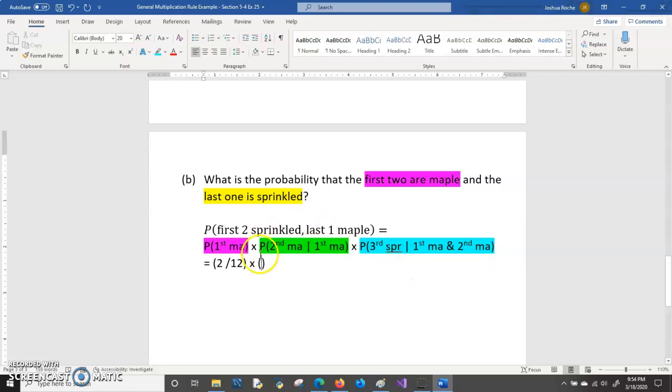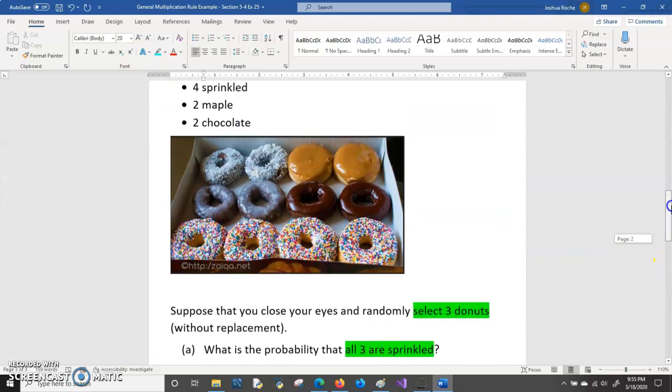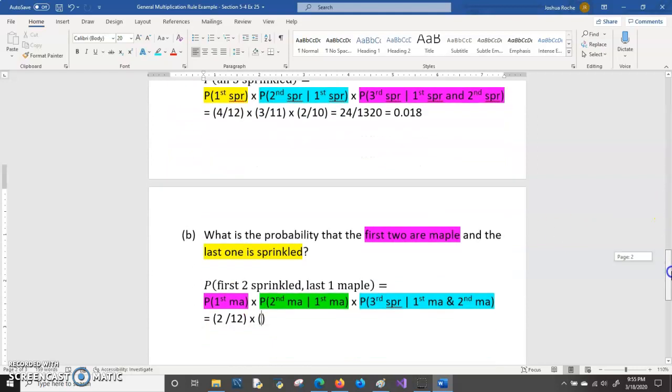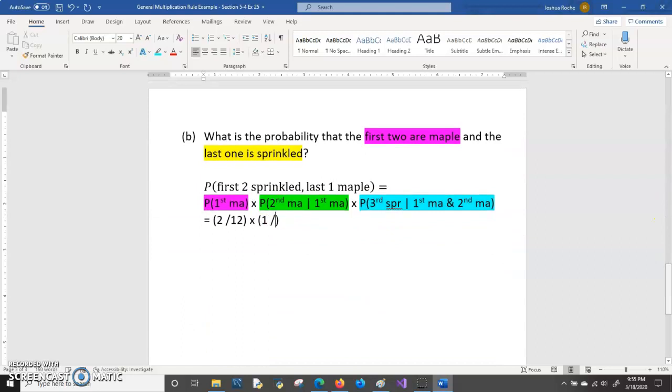For the second donut also being a maple, we've already picked out 1 maple donut. We ate it, we're not going to put it back, so it's gone. The chances of picking another maple would be 1 out of 11. 1 maple out of 11 donuts left.